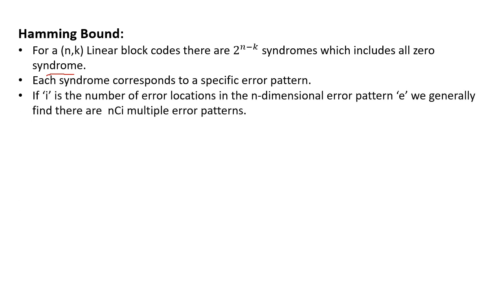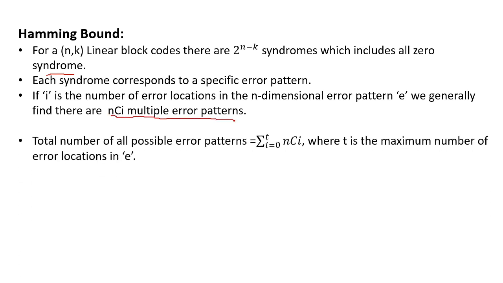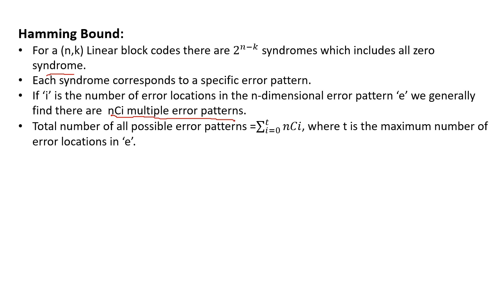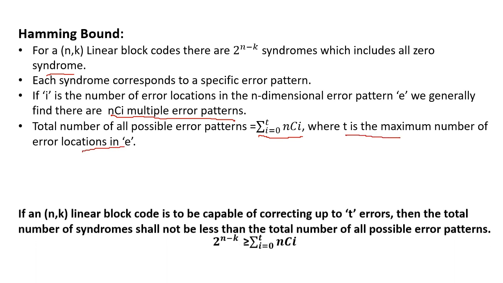If i is the number of error locations in an n-dimensional error pattern E, we generally find that there are nCi multiple error patterns. The total number of all possible error patterns is therefore given by the equation summation i = 0 to t of nCi, where t is the maximum number of error locations in the error.